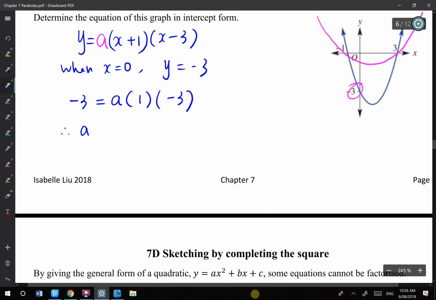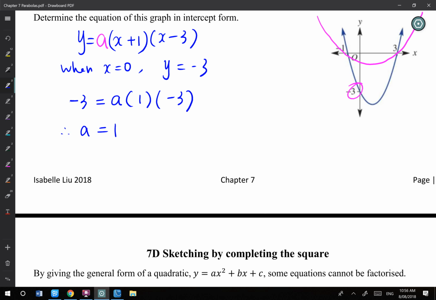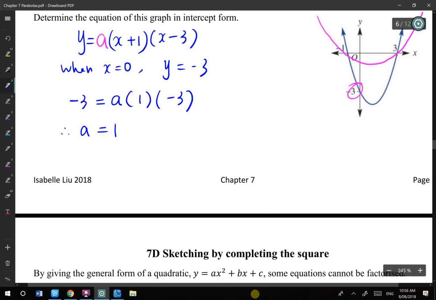So A equals 1. But even though it's 1, we still need this working to show that it's 1. If you directly write A equals 1, there's no working mark for this question. So we can answer y equals A times x plus 1 and x minus 3 for this question.